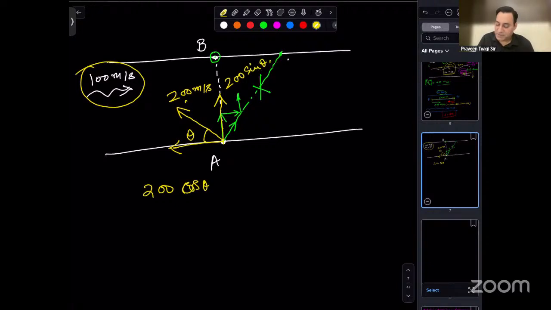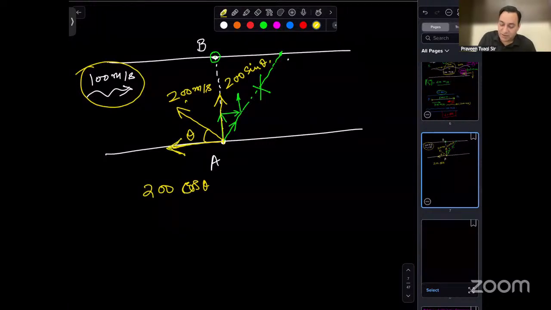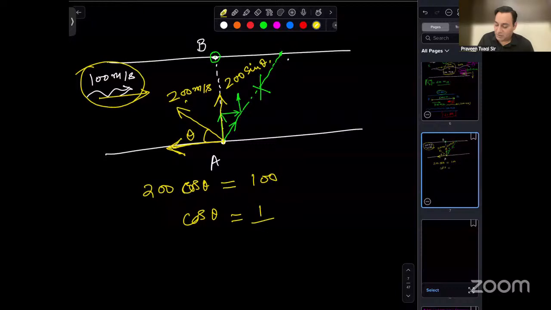Now, please pay attention. If his effort in this direction cancels the effort of the river in this direction, then 200 cos theta is equal to 100 meters per second. This gives cos theta is 1 by 2, which means theta is 60 degrees.